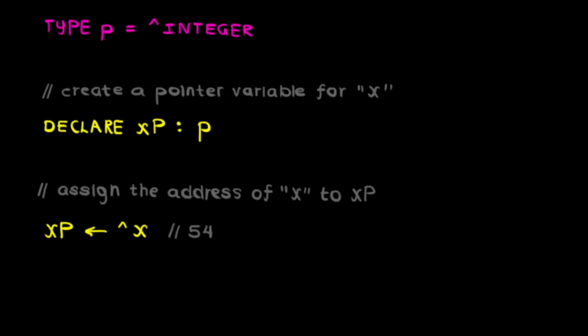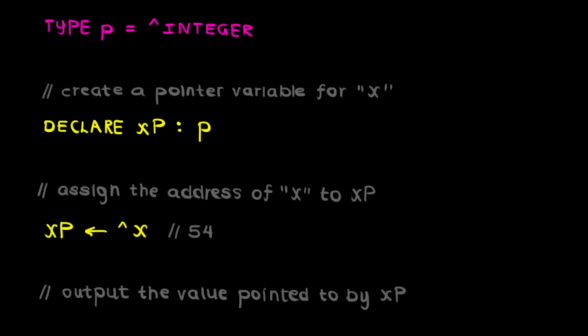Let's say I want to output the value stored at xp. Now, what is the value stored at xp? Oh, actually, let me not say stored, but let me say value pointed to by xp.